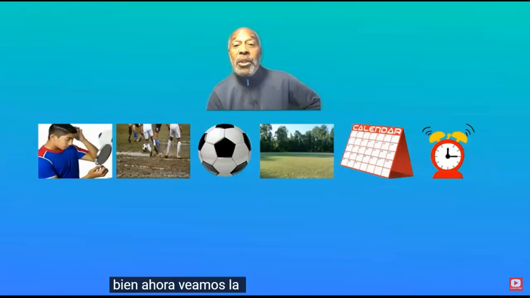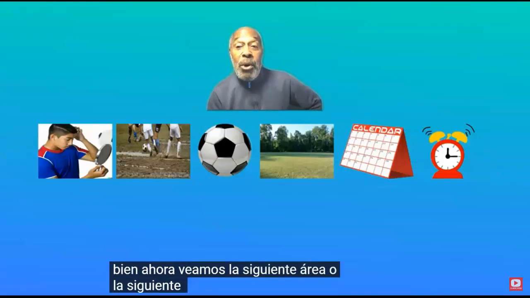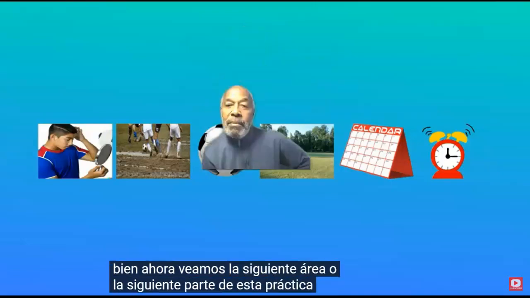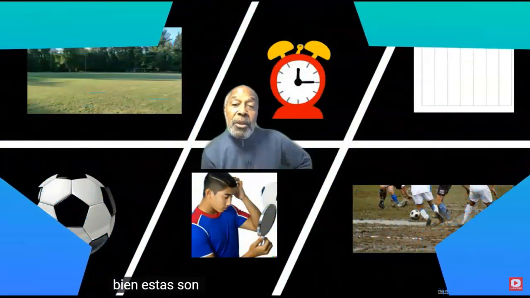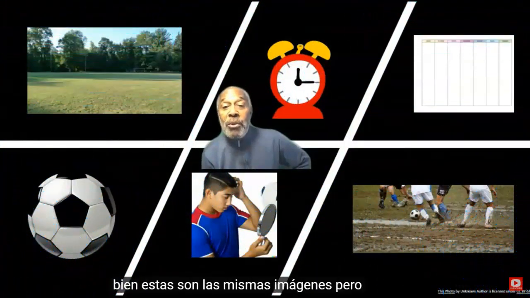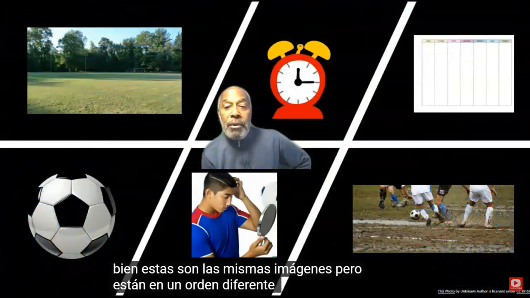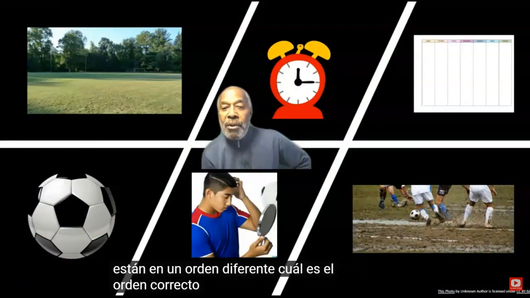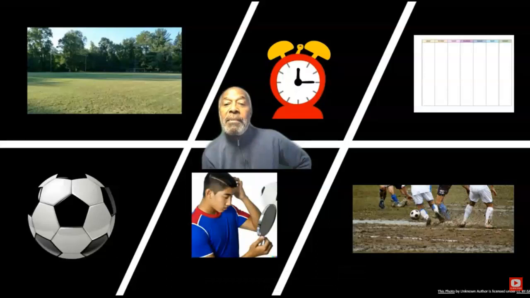Okay, now let's look at the next part of this practice. Okay, these are the same images, but they're in a different order. What is the correct order? Exactly.